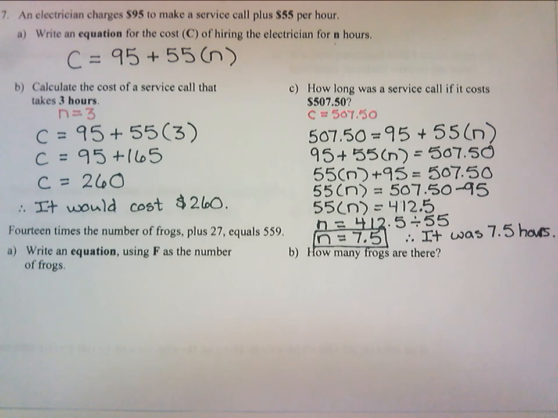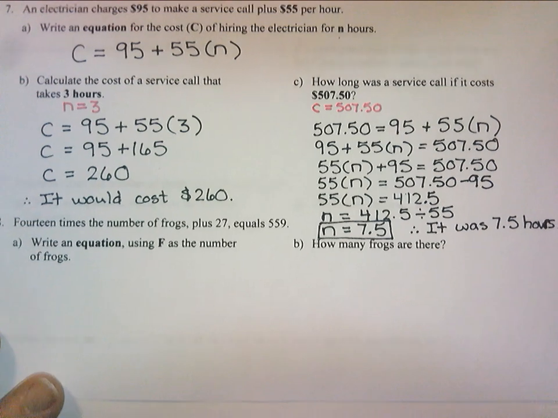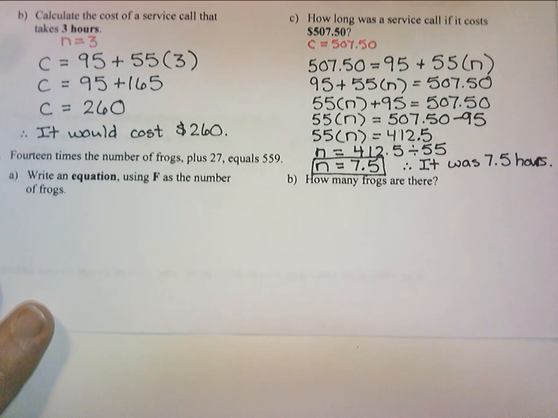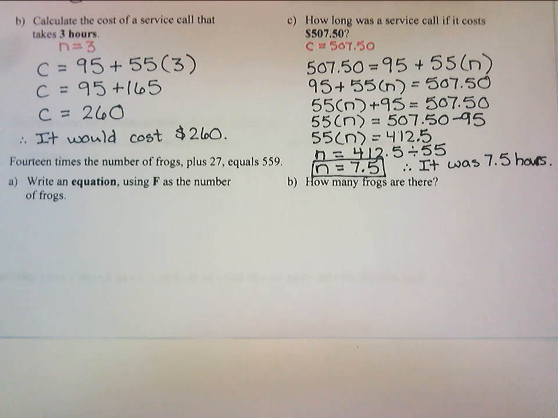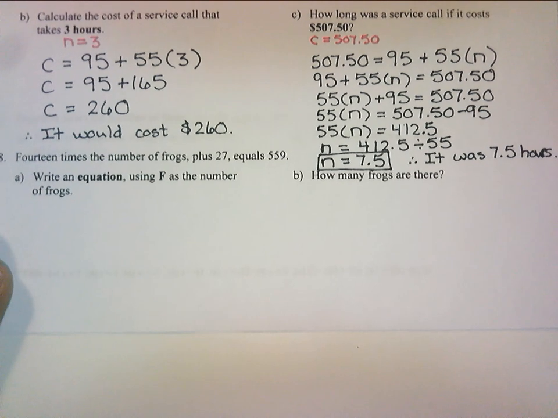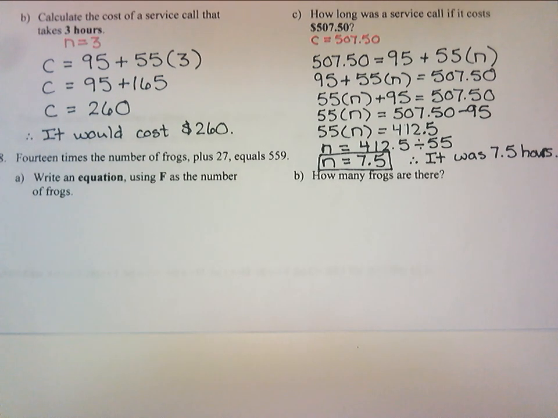Okay, we have one last question here, and this one is a word problem. We talked about this briefly yesterday when we were doing our lesson with algebra. It says 14 times the number of frogs plus 27 equals 559. Write an equation using f as the number of frogs.